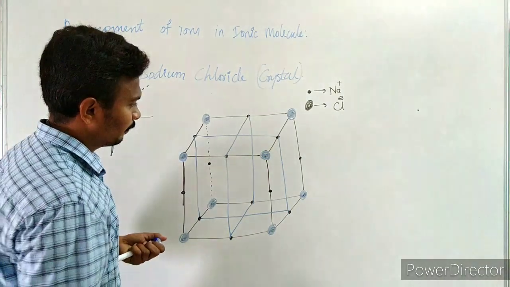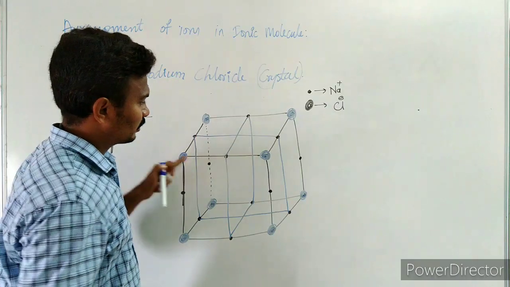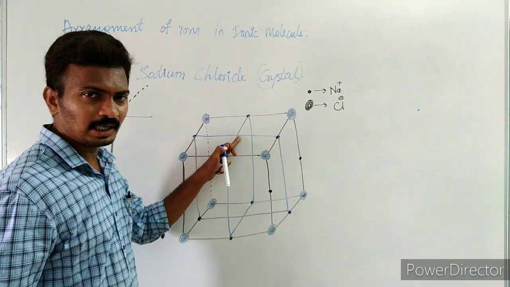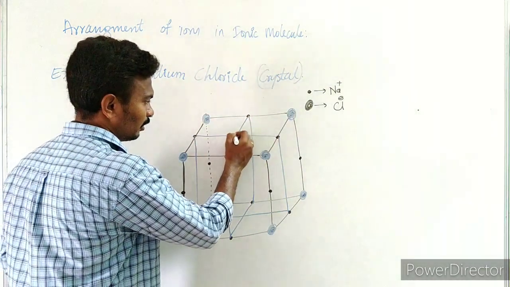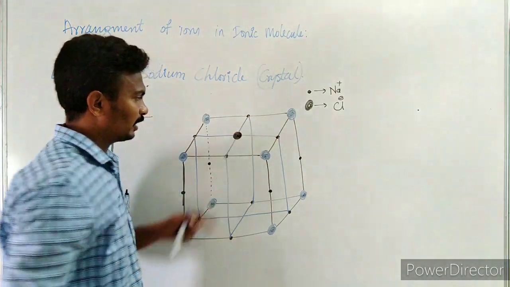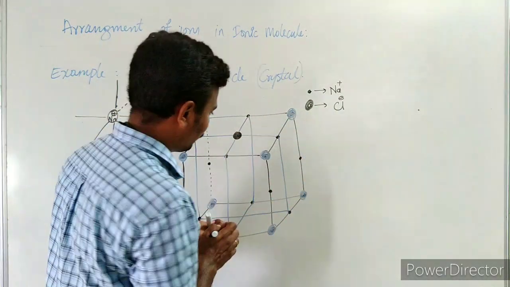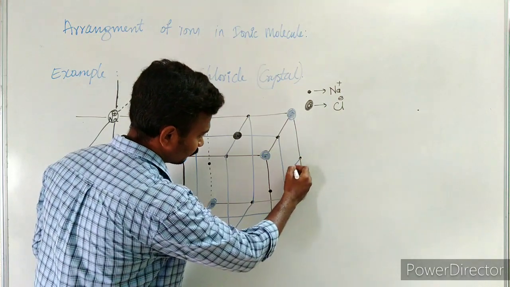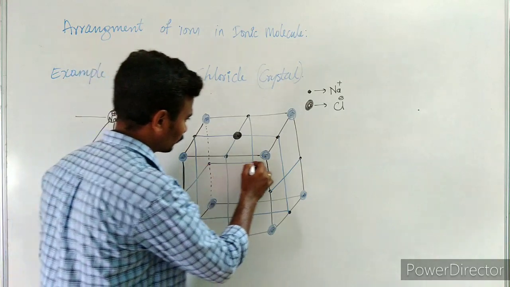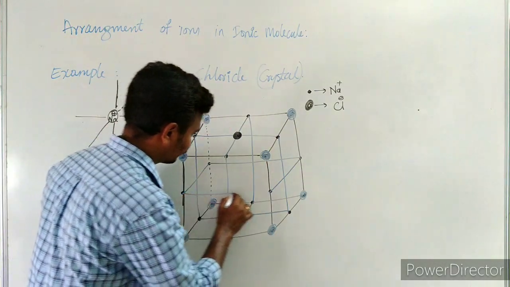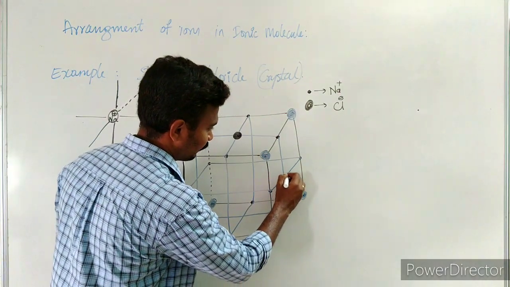Now, this is a face. By joining these they are forming a face of a particular side. This is the topmost side, this is forming a face, and in the center of this face there is one chloride ion. And now again if we join these also, we get one more center at the face.